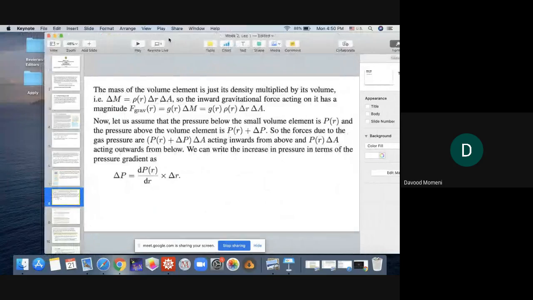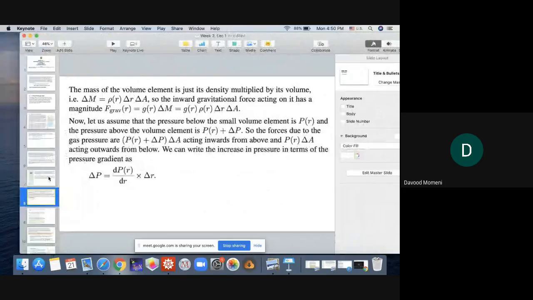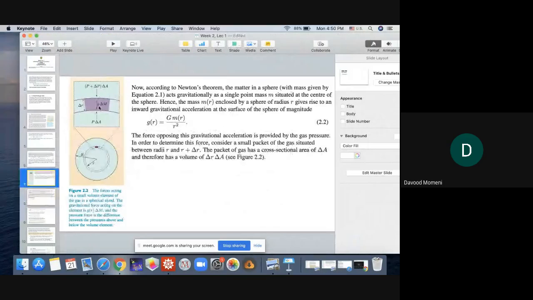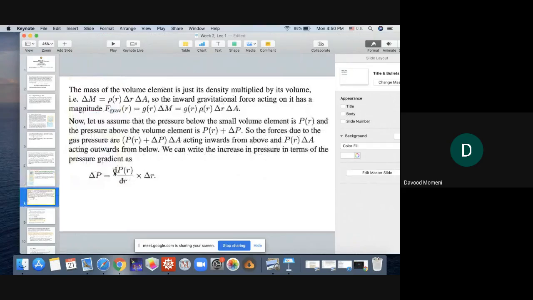Go to the next slide. If I ask you exactly what the difference of pressure is between two layers in this system of gas, particles or molecules, this equation will give you delta P. Delta P is the gradient of pressure multiplied by the differential radius.